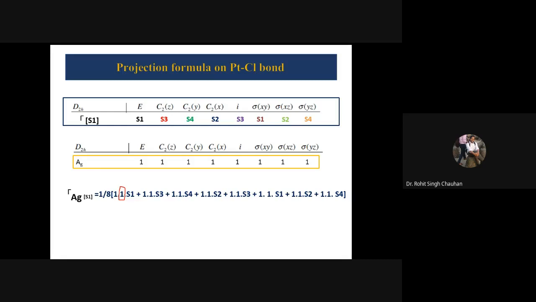Because all the symmetry elements which have some coefficient get separated too. That's why there is no meaning in putting the value of K there. But here I have shown it just to make you understand that even if you write it, or you forget and put it in, you are going to get the right answer. Now see, how many E are present? 1, that's why it is 1.